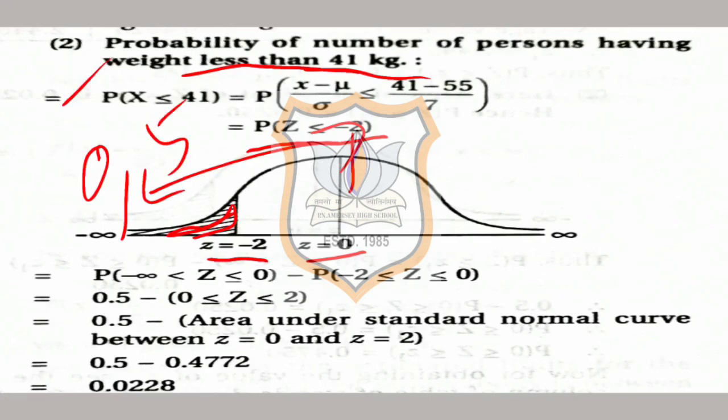So from 0.5 we will subtract the area from Z equal to 0 to Z equal to 2. So the answer will be 0.5 minus 0.4772. When we subtract, we will have 0.0228.